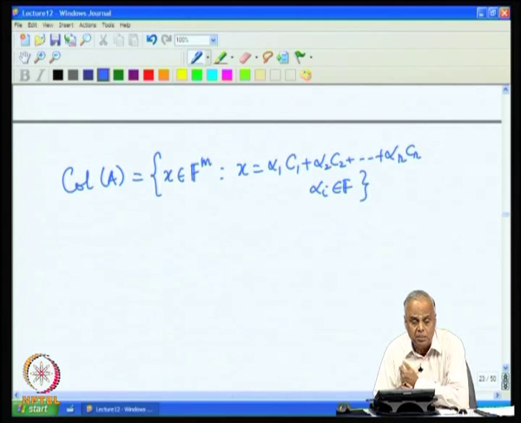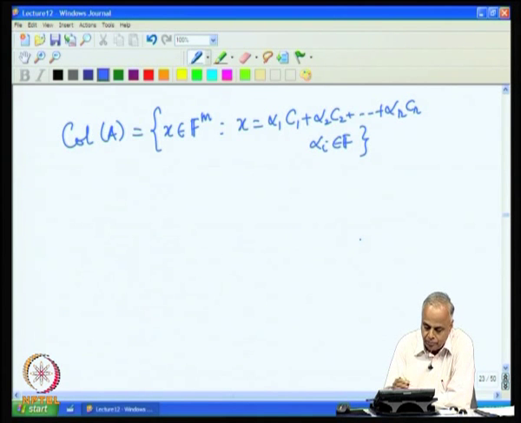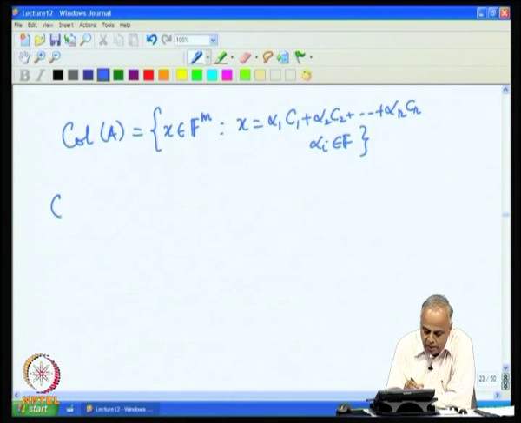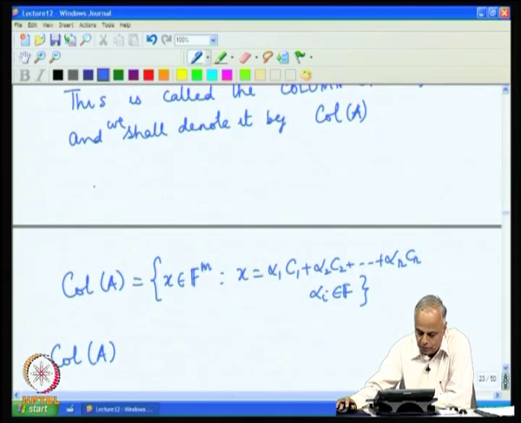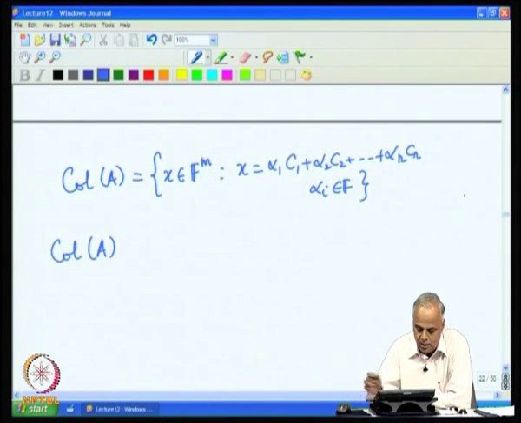It is the subspace spanned by the column vectors of A, and now we have to verify whether this is a subspace or not, but we already know that L(S) is always a subspace, and therefore the column space of A is a subspace of Fm.